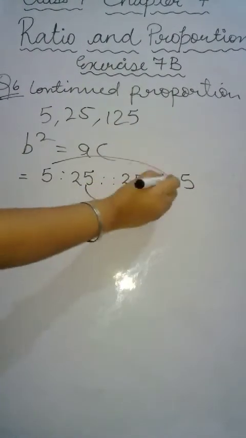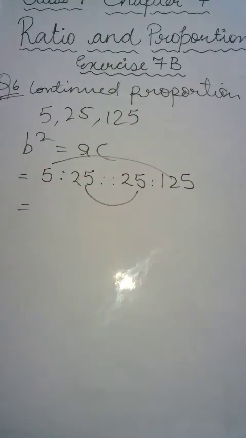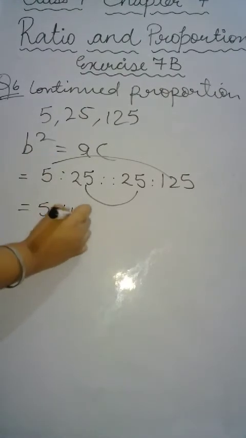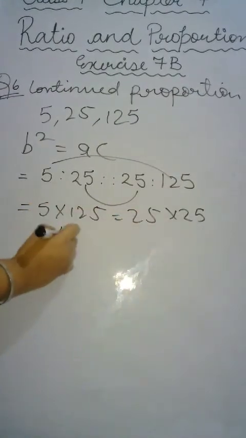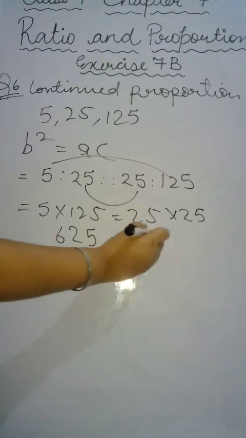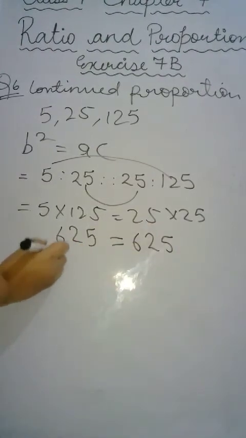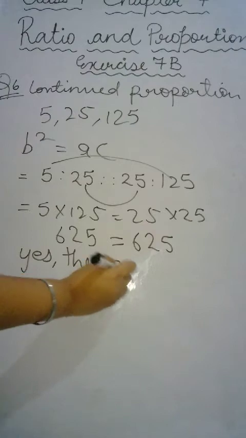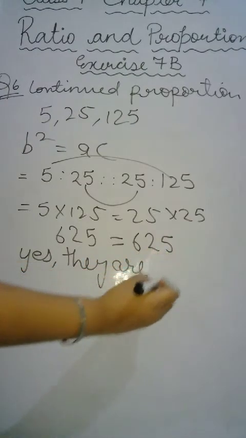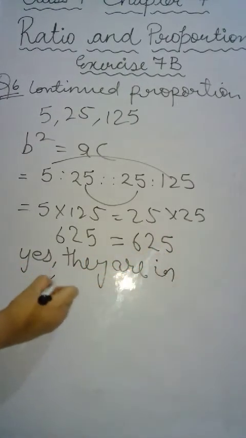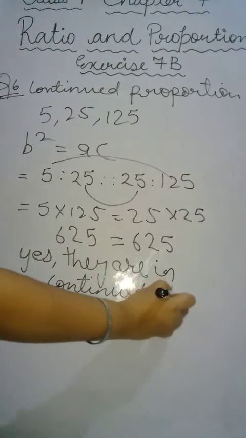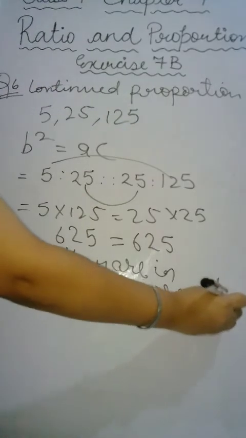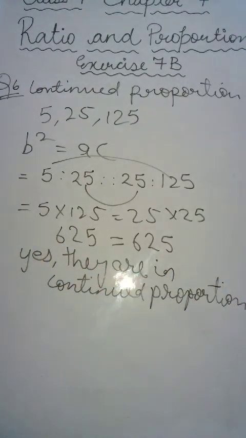Same way, multiply. Now this will be 5 multiplied by 125, and 25 into 25. 625 equals 625. Yes, they are in continued proportion. Understood?